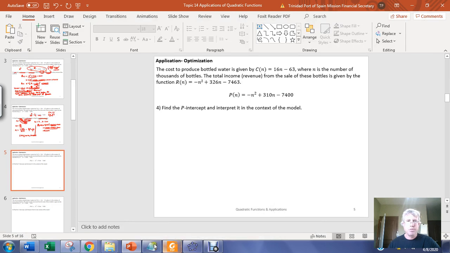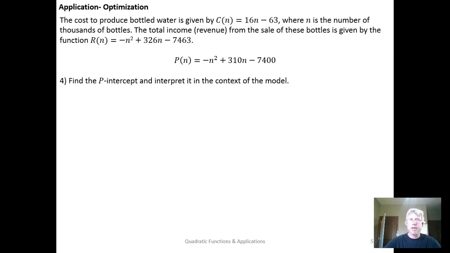So if I go back to our playground here, to find the p-intercept, we want to note that the p-intercept, or that vertical intercept, happens when n equals 0. So we just plug 0 into the function.